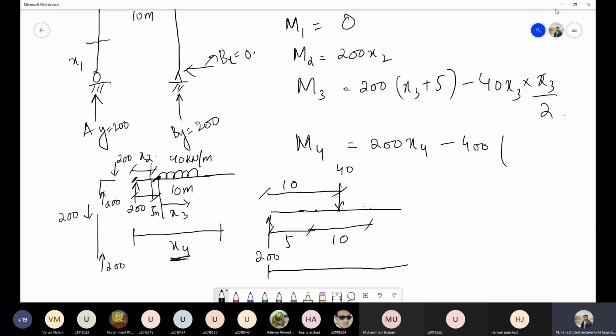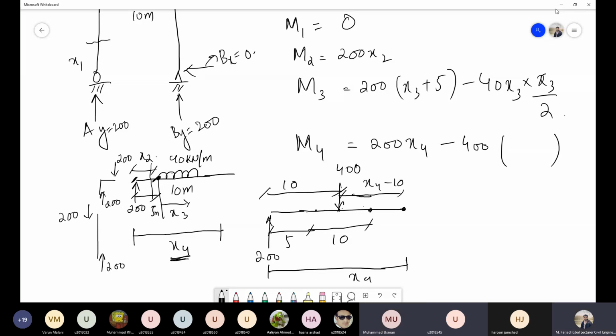And our x4 is somewhere over here. So now give me the equation. That will be 400. So what will be this factor? So x4 minus how much? x4 minus 10.